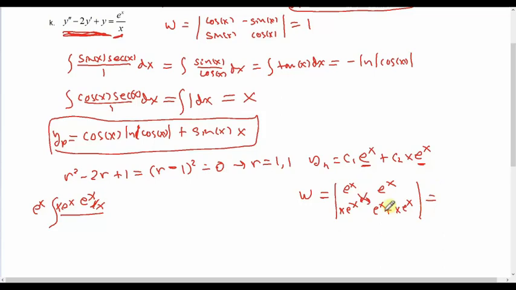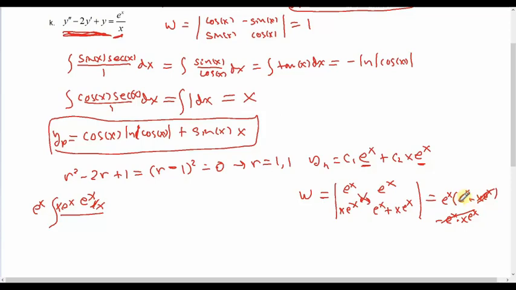So here I'm going to have e to the x times e to the x plus x e to the x. Then I'm going to subtract the product this way, which is e to the x times x e to the x. Well, if you look at this carefully, when I distribute, I'm going to get a positive e to the x times x e to the x. This is a minus, so this one and what I get from clearing there will cancel out.